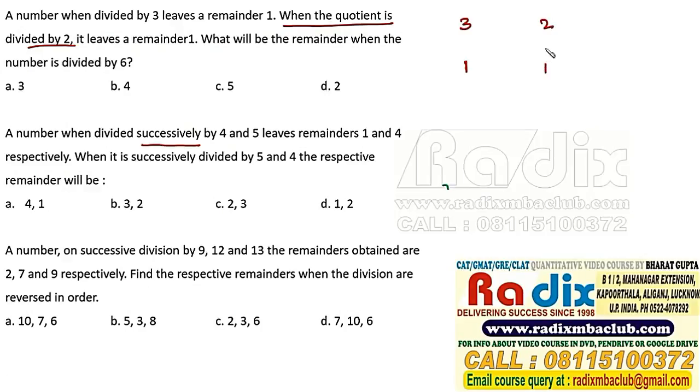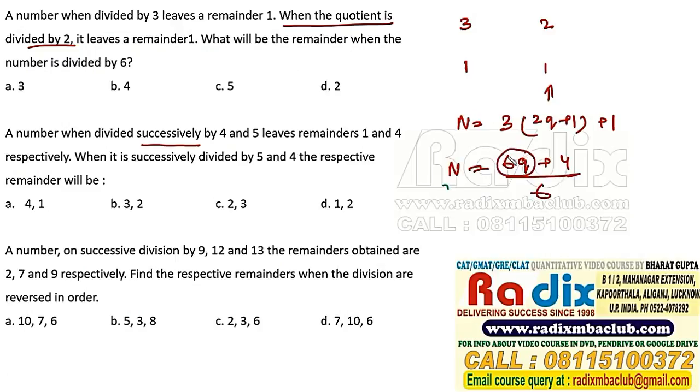Same process, we can write this as 2q plus 1, then times 3 plus 1, our number. This is 6q plus 4, and we have to calculate the remainder when the number is divided by 6. So when divided by 6, the remainder would be 4. Answer is option B. Okay, next question.